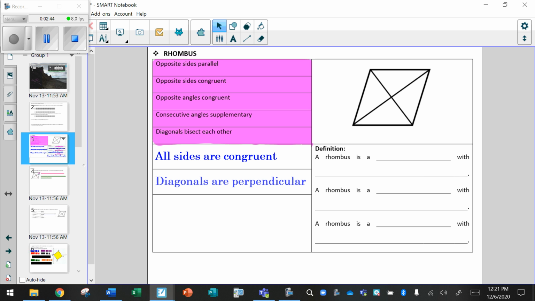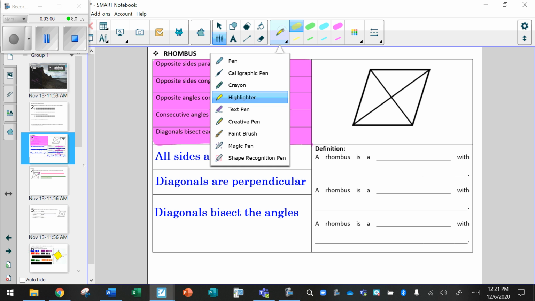Those properties are diagonals become perpendicular and the diagonals bisect the angles. So all of those properties come together in a parallelogram. So if you have a parallelogram whose diagonals are perpendicular, then as a result, it also must have congruent sides and diagonals that bisect the angles.